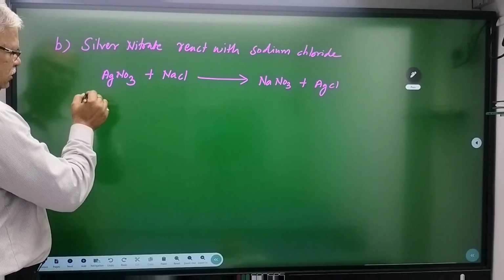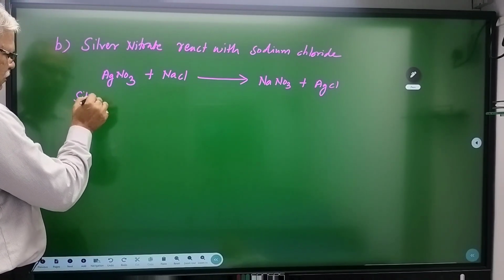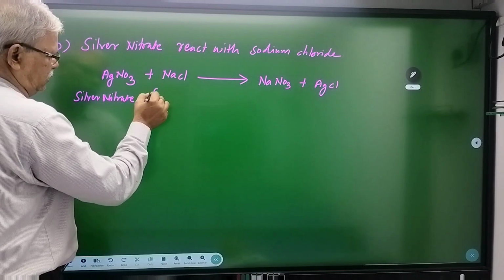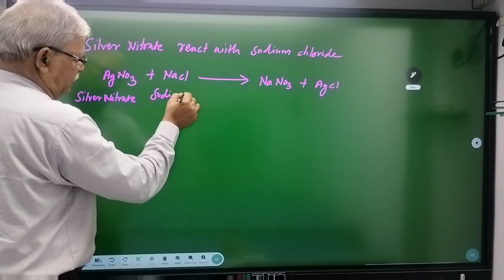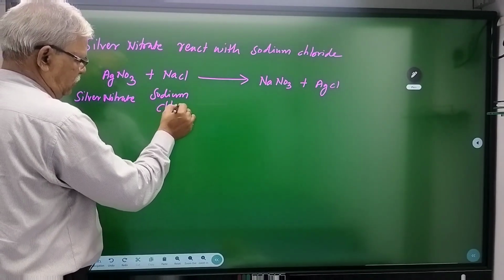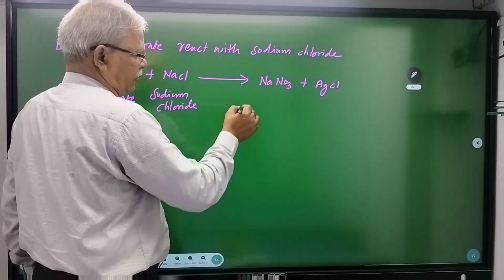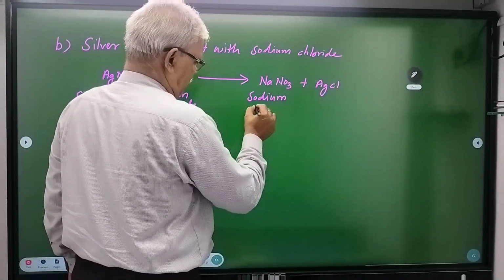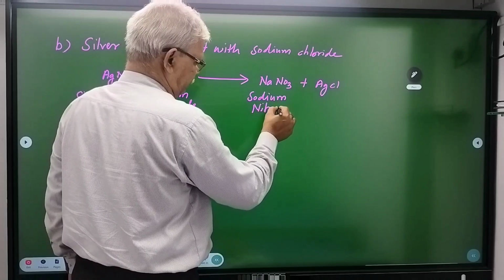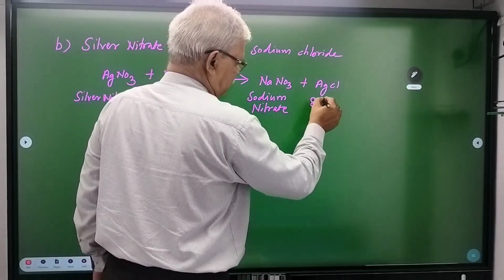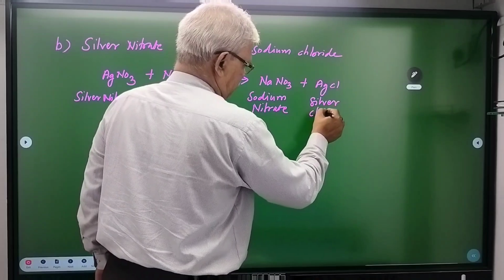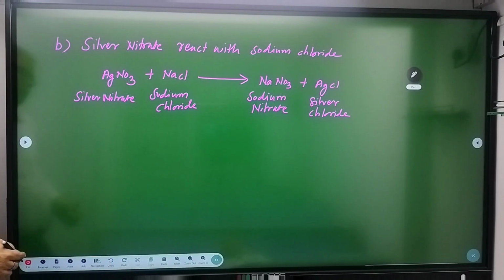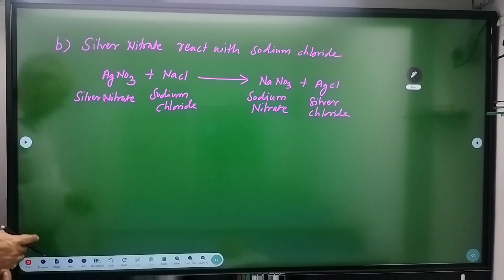Here this is silver nitrate with sodium chloride forming sodium nitrate and silver chloride. Okay, this is another reaction.